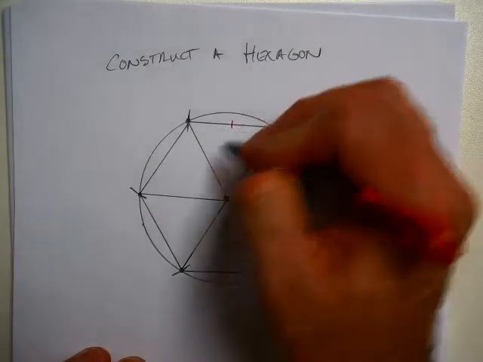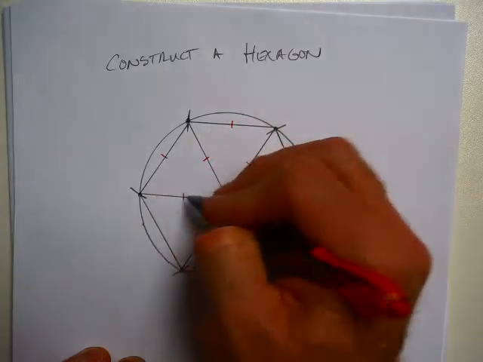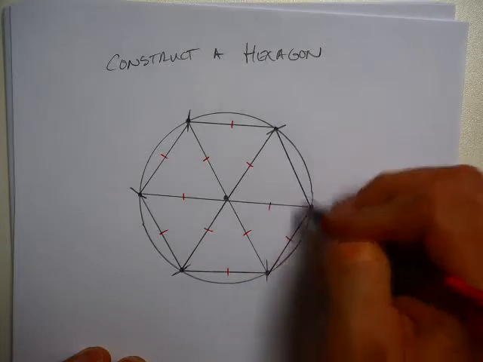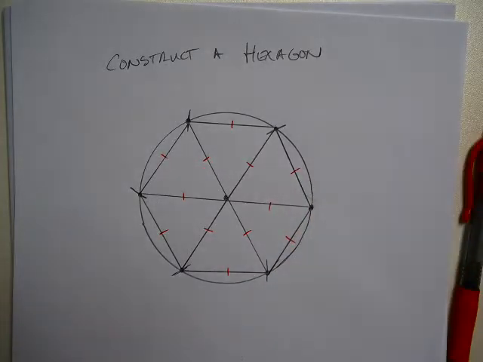You see all the triangles in there? It makes 6 equilateral triangles. And no other shape will do that. So constructing a hexagon is kind of a fun and easy construction. I think that's one that you need to know for the test. I'm pretty sure that is one for the test. It's not a hard construction, you just have to remember how to do it, right? It's a bunch of radii.